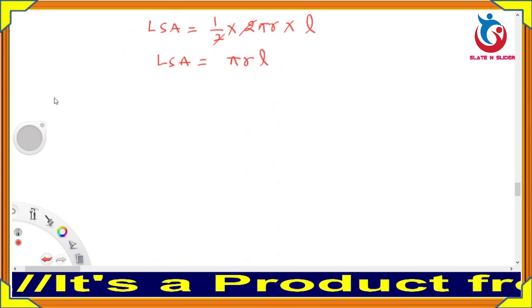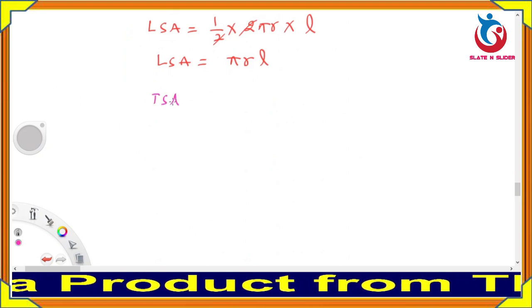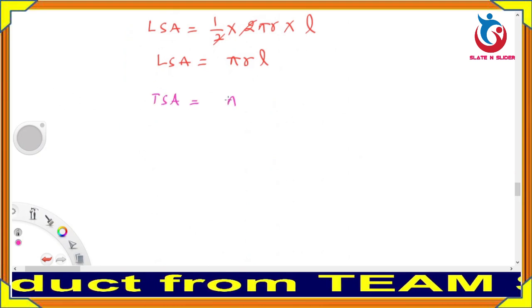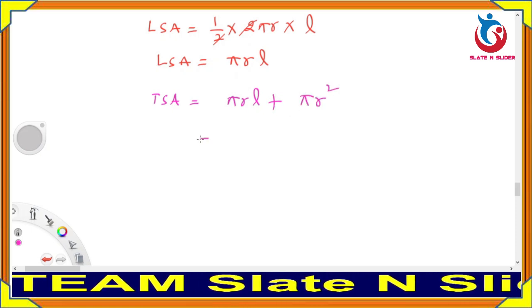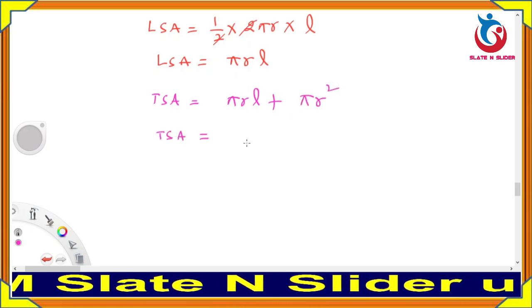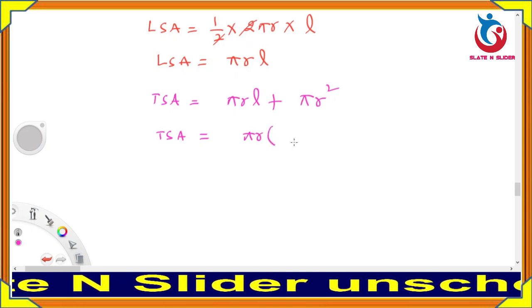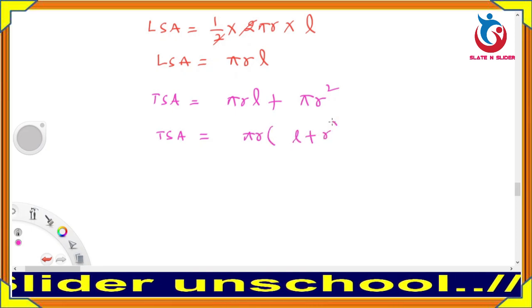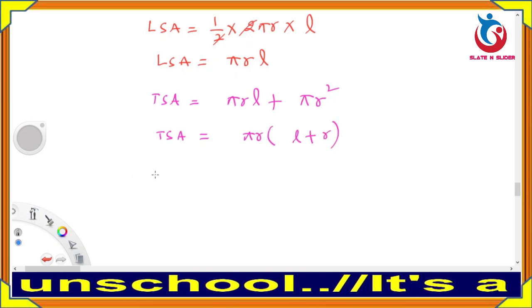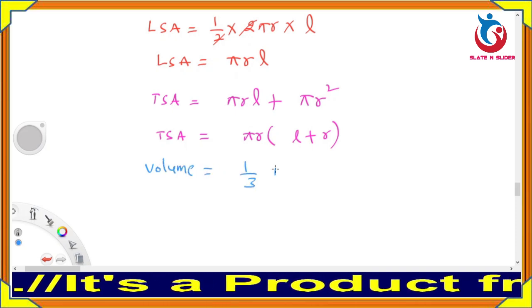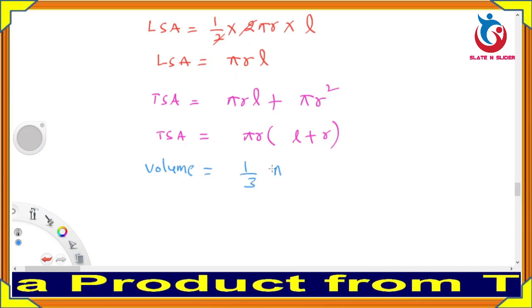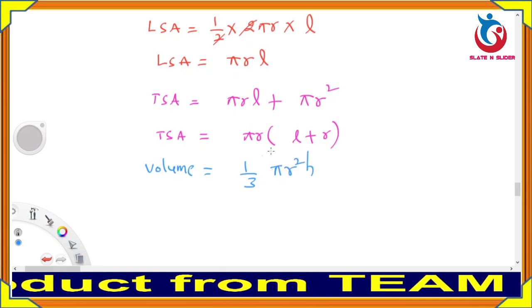So total surface area of the cone is equal to lateral surface area plus area of the base, that is pi r square. By simplification we get pi r as common, L plus r. And we should write the volume. Volume is 1/3 of the volume of the prism, that is 1/3 into pi r square h.